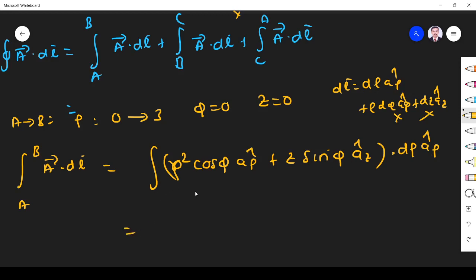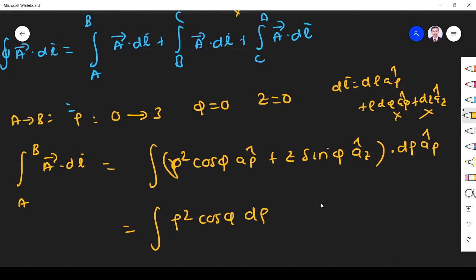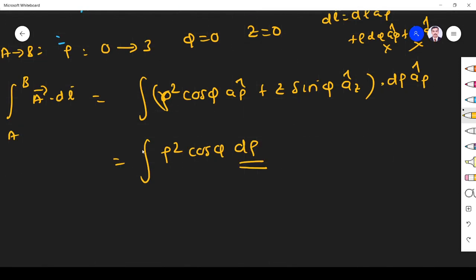A rho dot a rho gives rho squared cos phi d rho, and az dot a rho is 0. Integration is with respect to rho, from 0 to 3, and phi is 0.